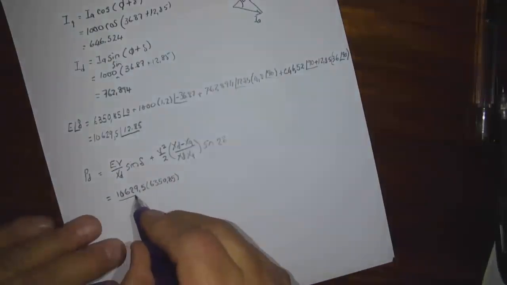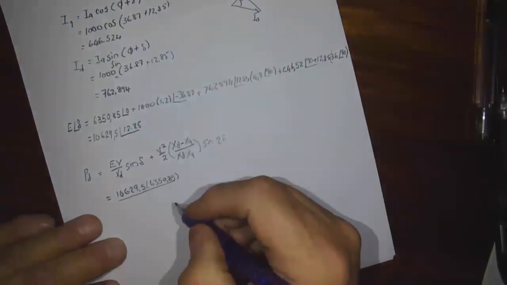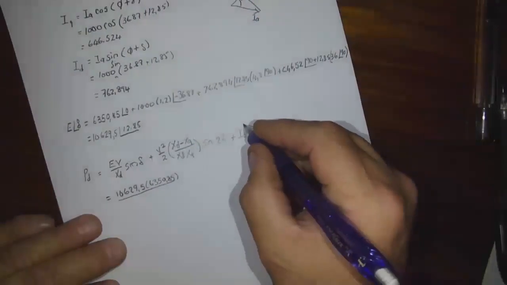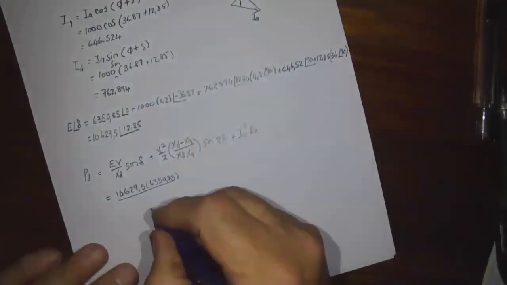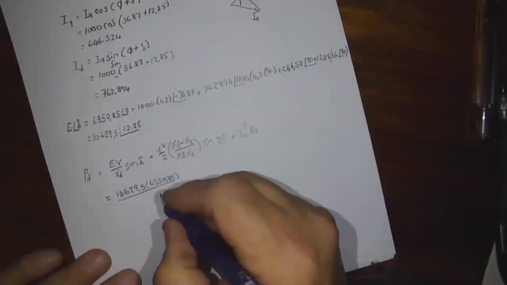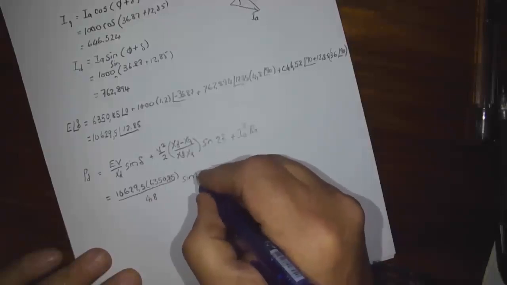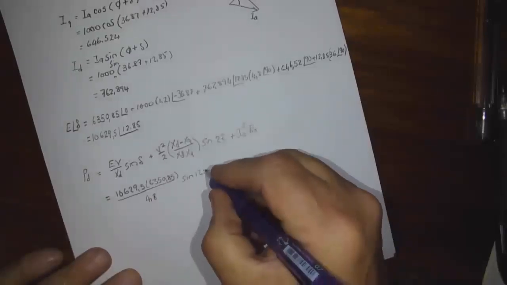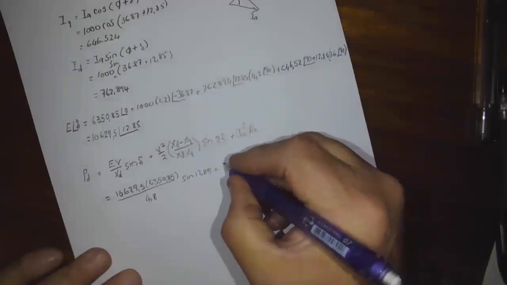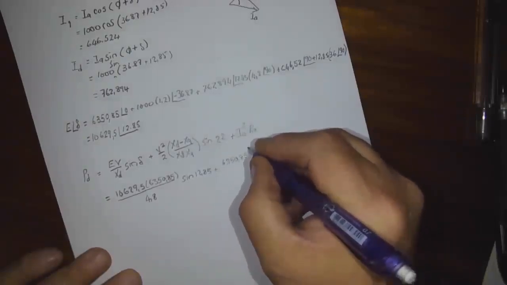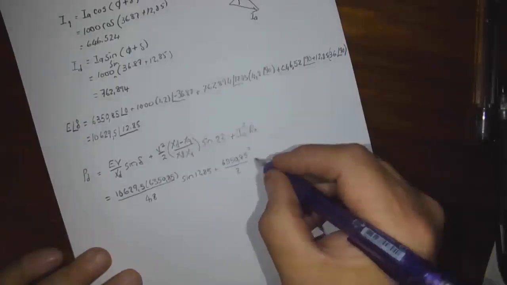Oh, don't forget to add your I squared R because we are given R. Can you see it now? Right, XD 4.8, sine 12.85 plus 6350.85 squared over 2.